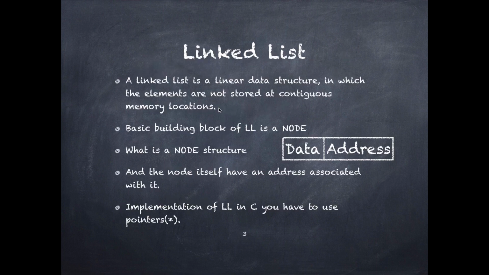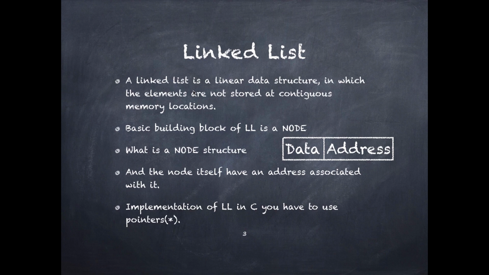First of all, let me give you the definition of a linked list. A linked list is a linear data structure in which the elements are not stored at contiguous memory locations. Please note that point. Till now, we have seen the data structures stack, queue, vectors, hash table.